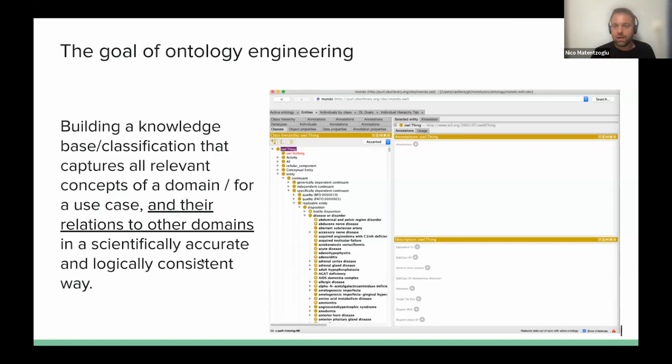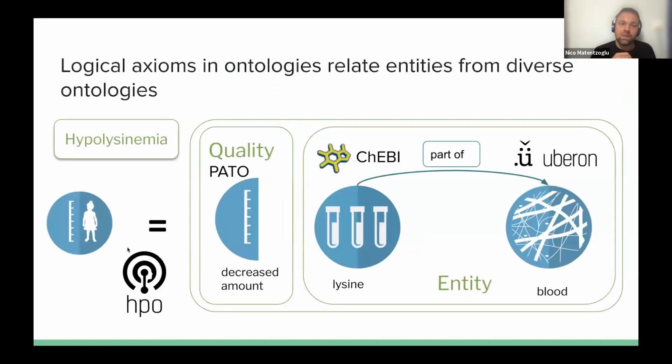So this is really, really important. The goal here is to capture these interrelations, and these interrelations are captured using logical axioms. Logical axioms in the ontologies that we are building relate entities from a very diverse set of ontologies.